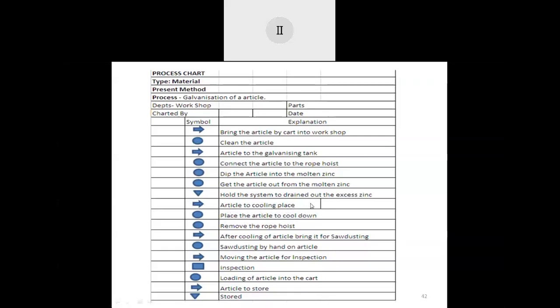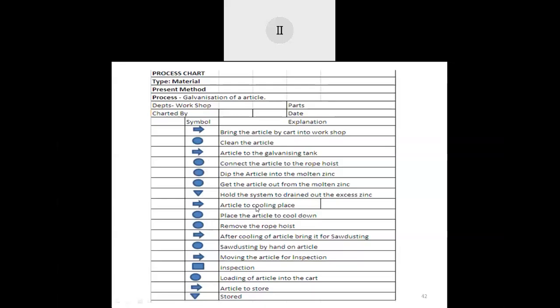Then another two circles. So if you can see, this is a sequential process, one by one we need to follow. And whether it is transportation or movement, or some operation, or some holding, some delay, all of this you can understand by these symbols.